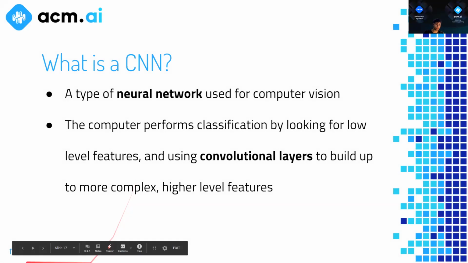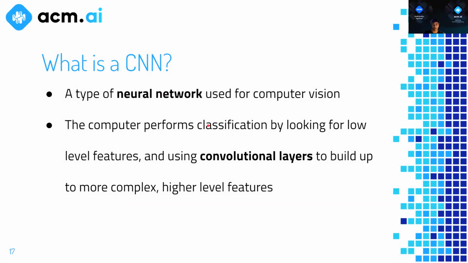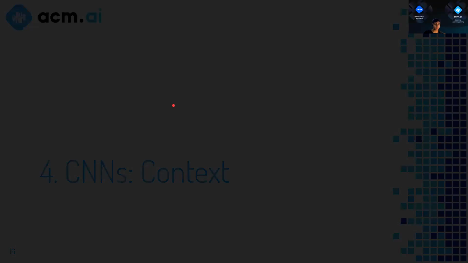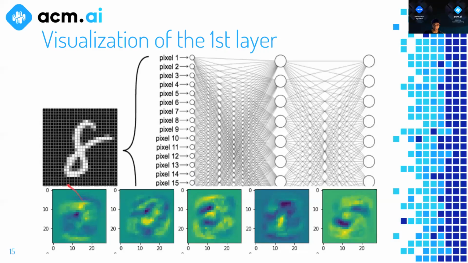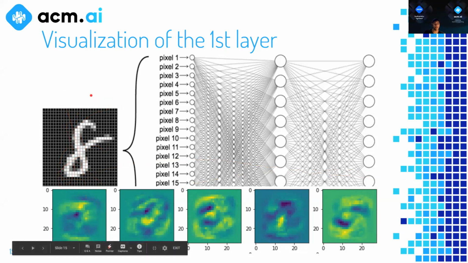So what is a CNN? As a full form, it's a convolutional neural network. It's a type of neural network that's well suited for computer vision. The basic way that it works is it looks for these characteristics of images known as features. You can think of features as the ingredients that go into making an image.